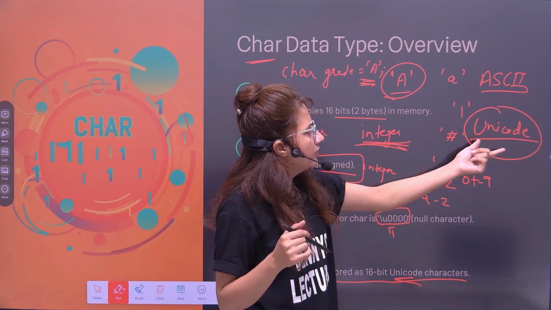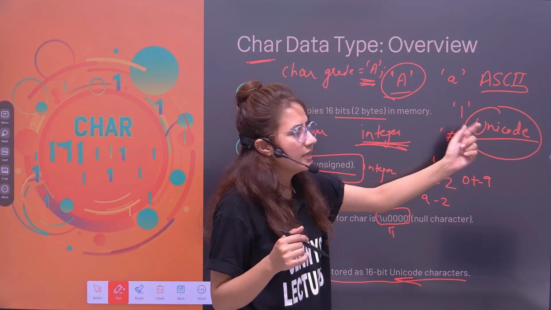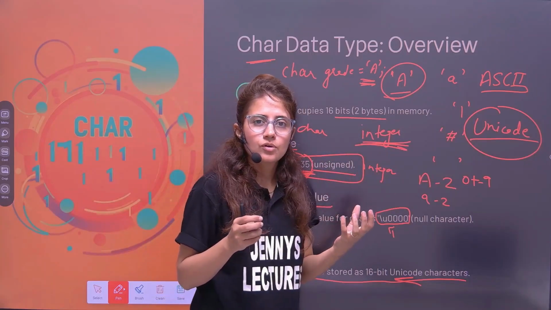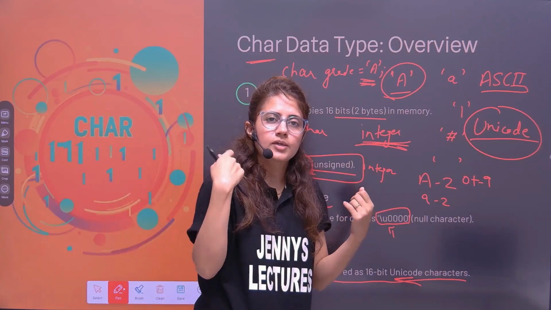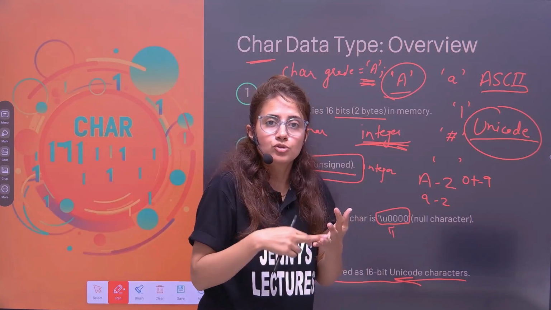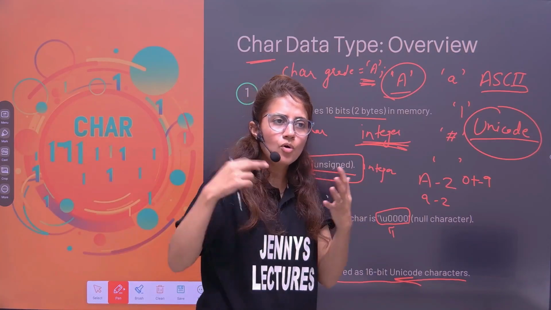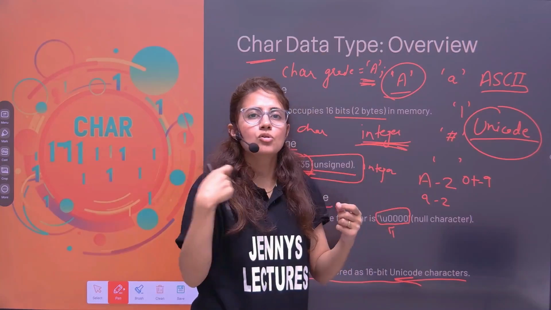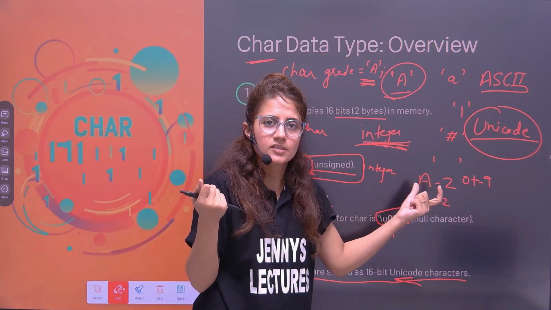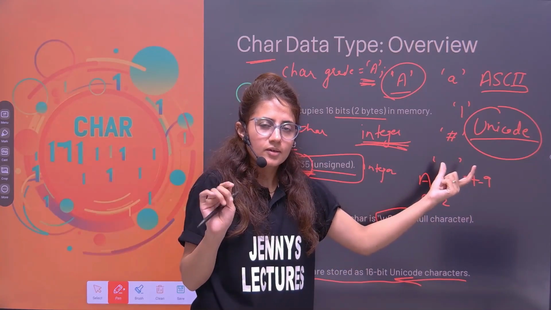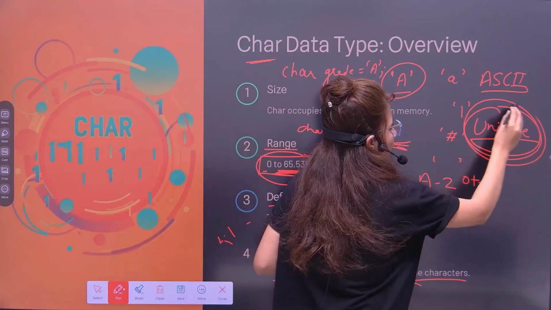So Unicode basically contains a standardized collection of all the characters, including letters, digits, symbols, control characters, or emojis, from all the languages across the world. I'll show you this character set also, don't worry. So these are some specifications.